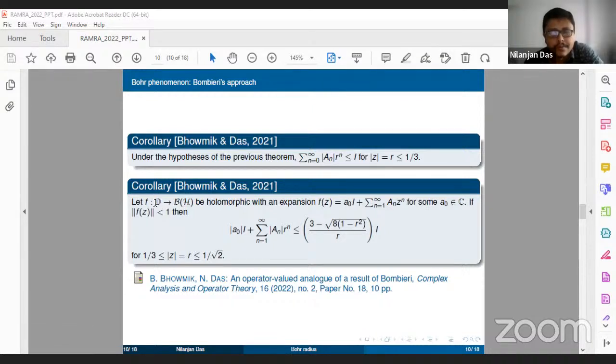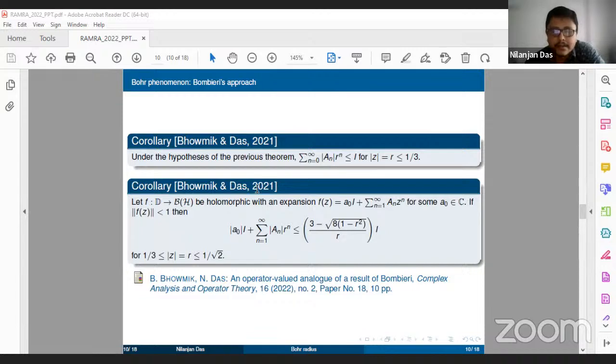If we take an operator valued holomorphic function with one additional assumption that the initial operator coefficient is basically a scalar operator, that means a complex number multiplied by the identity, and the rest of the series remains the same, so it basically satisfies all the hypotheses of the theorem we stated, then the growth of this thing, |a_0| I plus the sum over n equals 1 to infinity |a_n| r to the power n, is controlled by this quantity (3 minus square root of 8) into (1 minus r square) by r into identity, inside the same range |z| bigger or equal to 1/3 and less or equal to 1 by square root of 2.